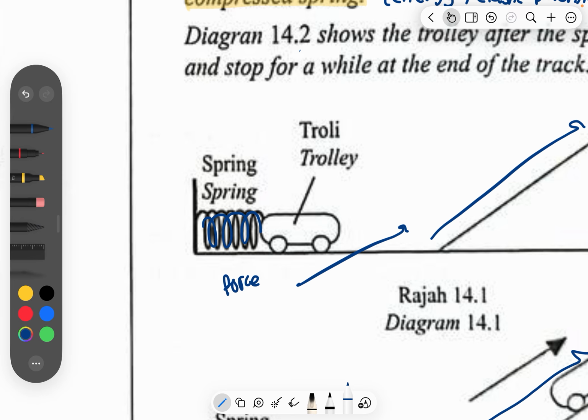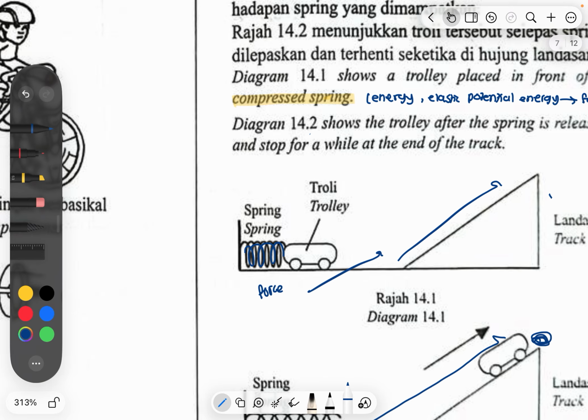Inertia is the tendency of an object to remain at rest or, if moving, to continue its motion in a straight line at a uniform velocity unless an external force is acting upon it.